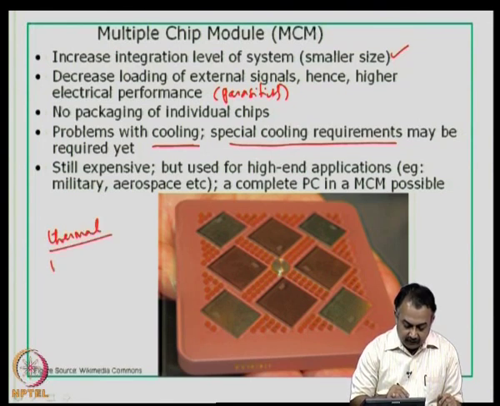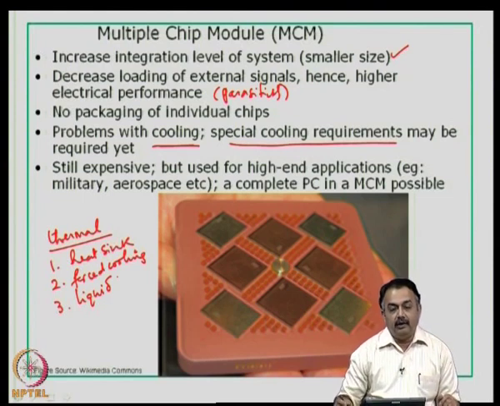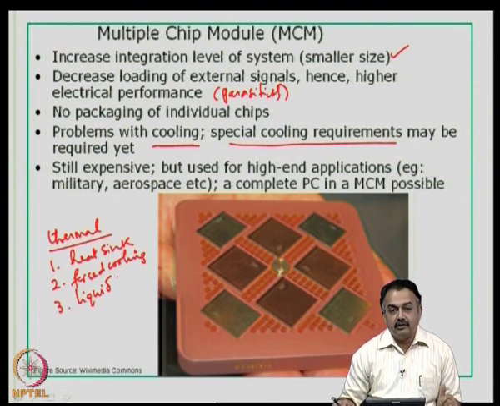So, the various alternatives are, you can either use a heat sink, various types, new materials, then forced cooling, air cooling, or it could be using some kind of a liquid. It could be water, it could be liquid helium kind of a material that is being used by a few companies for their various high-end servers or high performance application products.